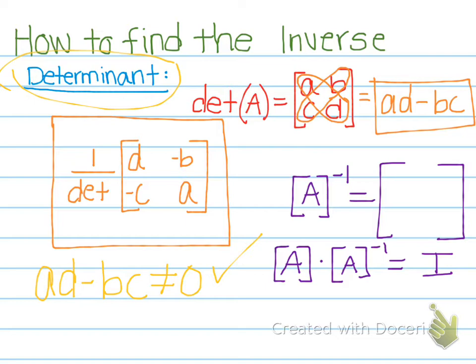So if it says error, then you know that it doesn't have an inverse, assuming everything else is correct. So if this is true down here, and you can find the inverse, then we call this matrix invertible, meaning the inverse can be found. And again, remember, not all matrices are invertible.